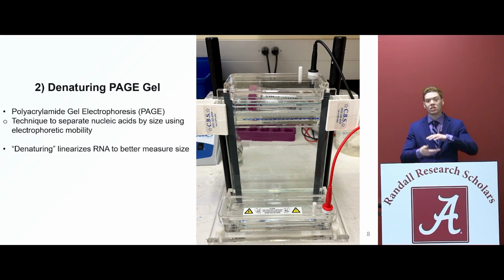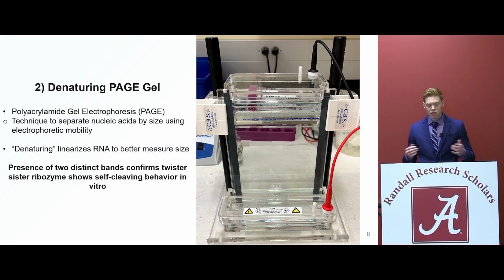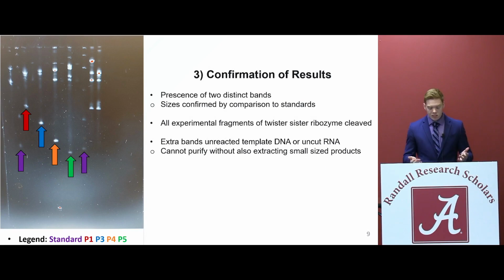This will separate the fragments based on their size. The denaturing portion of this term simply refers to linearizing the RNA, which helps better measure its size. And as I mentioned before, the presence of two distinct bands will confirm the twister ribozyme showing self-cleaving behavior in vitro.